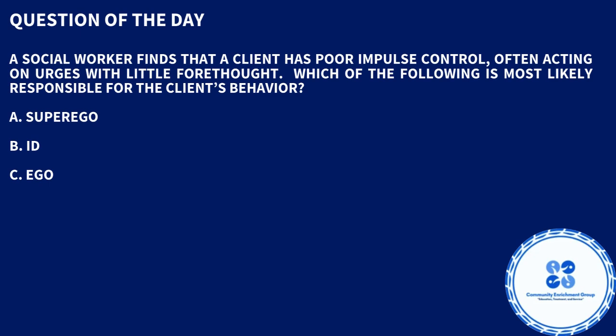The id is the primitive and instinctual part of the mind that contains drives that are likely the cause of the urges that this client is experiencing. So there you have it, today's question of the day.